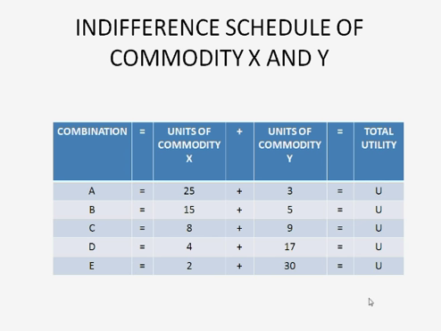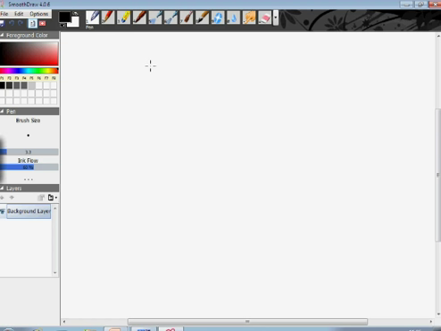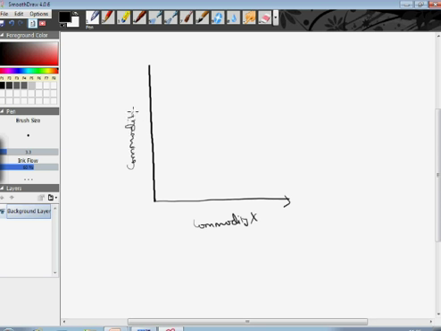Now let us explain the indifference graph. On the x-axis we'll take commodity X, and on the y-axis we'll take commodity Y. After plotting all the points which we have studied in the indifference schedule, we'll get a curve like this.